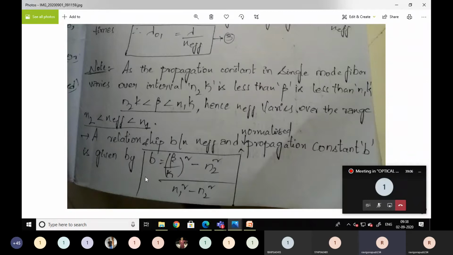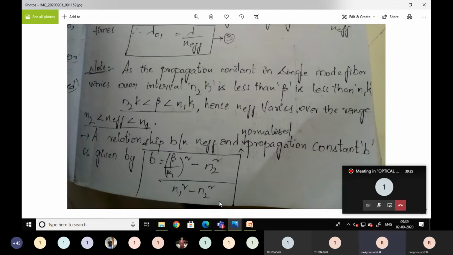Remember that propagation constant beta, normalized propagation constant small b is given by beta by k whole square minus N2 square by N1 square minus N2 square.